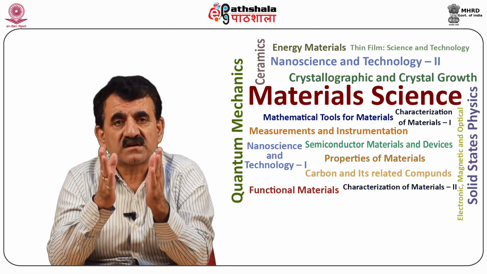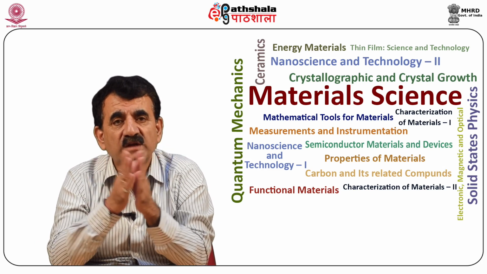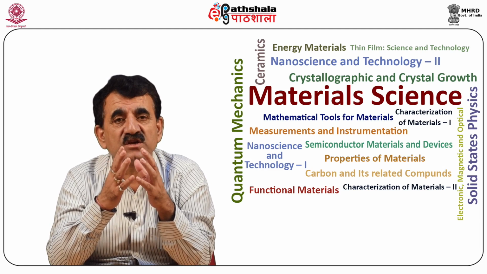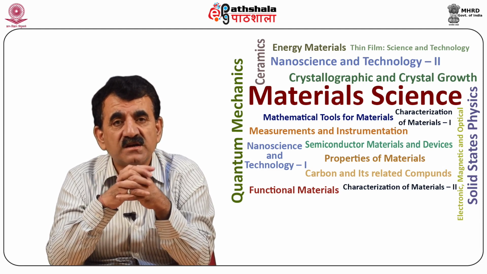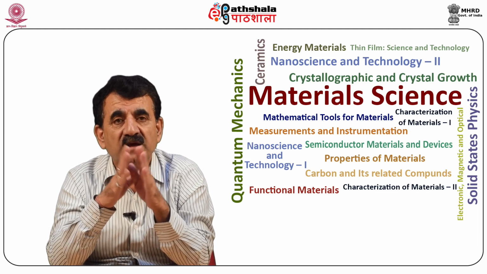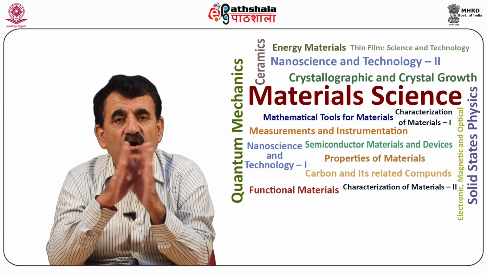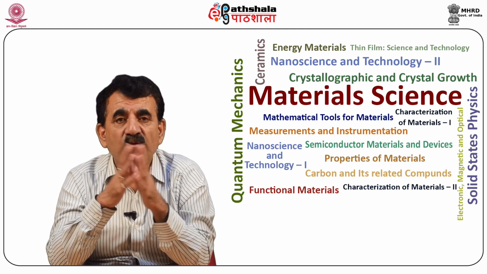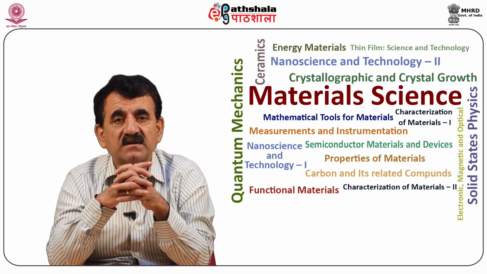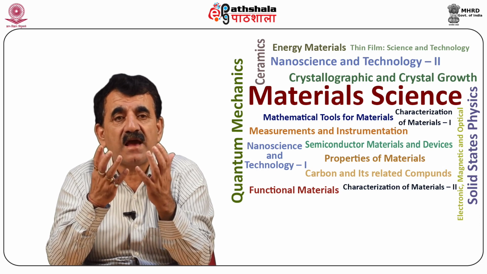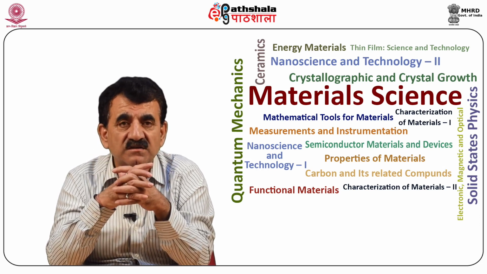Through this concept, we came to know how 3d electrons experience an intense, strong field, and due to this field sometimes there is quenching of orbital angular momentum. Then we also learned about ferromagnetism, that ferromagnetic materials have spontaneous magnetization.